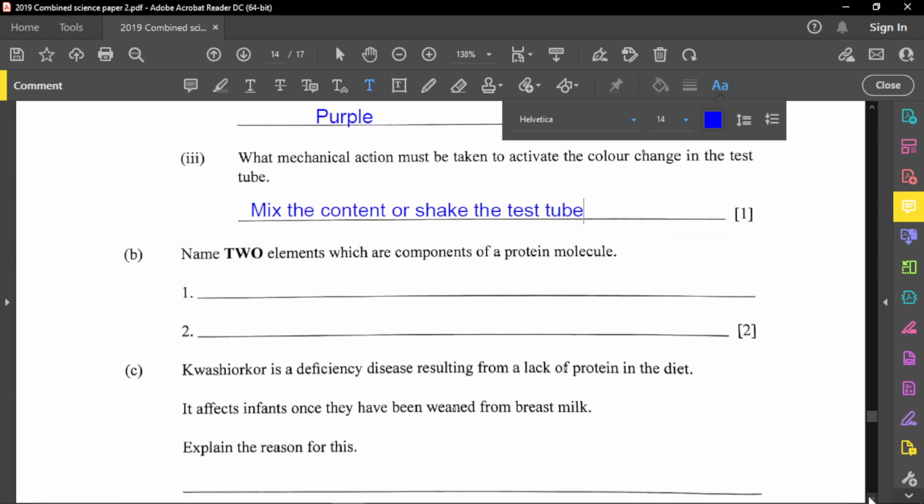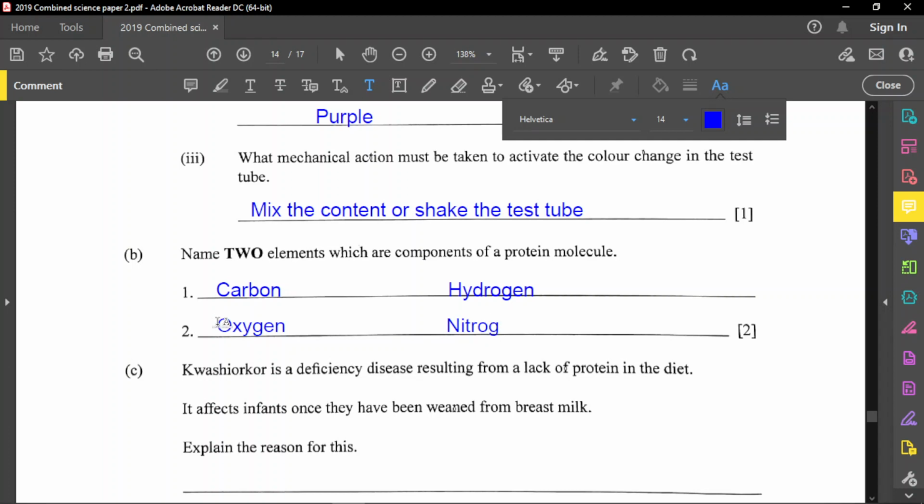Name two elements which are components of a protein molecule. Protein actually contains a number of different elements, and it's asking to name two, but I'm going to give you more than two. What is very important is carbon. Carbon is in the macromolecules that you should know. Hydrogen is also there. What is also there is oxygen. What makes protein different from the others, I'm talking about carbohydrates and fat, is that it contains nitrogen.